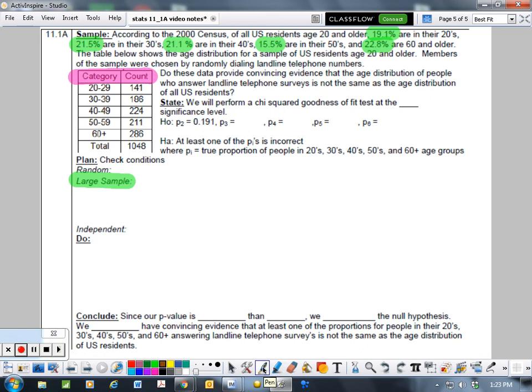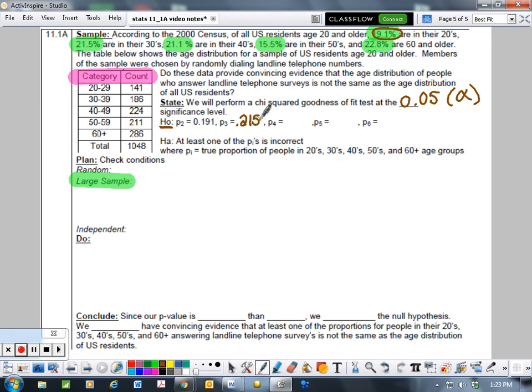We will perform a chi-squared goodness of fit test at the 0.05 significance level. So don't forget that's our alpha. And our null hypothesis is that P2, the proportion of people in their 20s, is 0.191. Where am I getting that from? This up here. The proportion of people in their 30s should be 0.215.